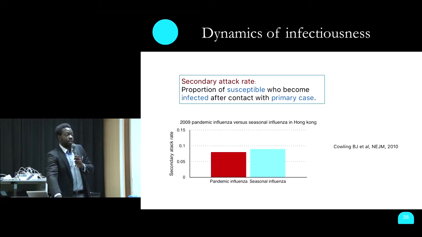So this one, they call the secondary attack rate. This is just an example. In the 2009 pandemic influenza, they were comparing the attack rate between the pandemic influenza and the seasonal influenza. They found that within the households, the secondary attack rates of both conditions were almost similar.